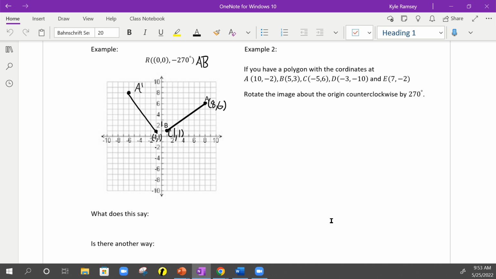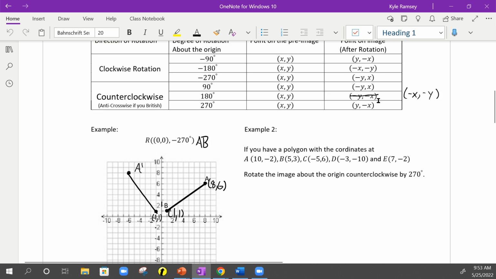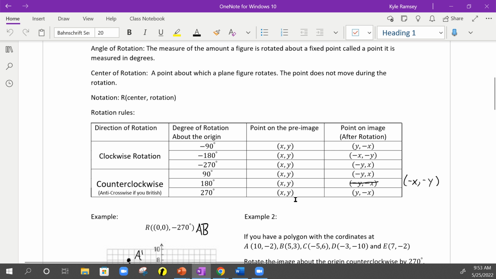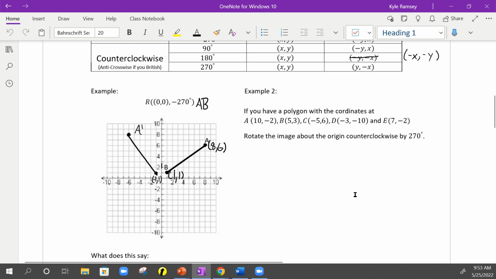The other thing you have is a polygon. You don't need to graph this one. If you have a polygon here and we're rotating by 270 degrees counterclockwise, we look at what our guideline says. Counterclockwise 270 is this one, so we take y, negative x. We can even write that down as our rule: x, y becomes y, negative x.